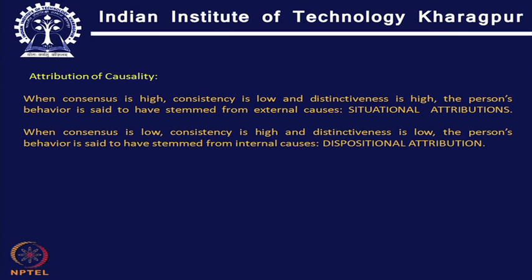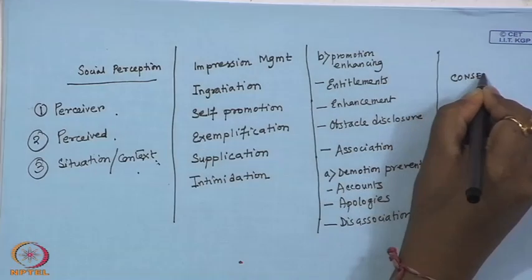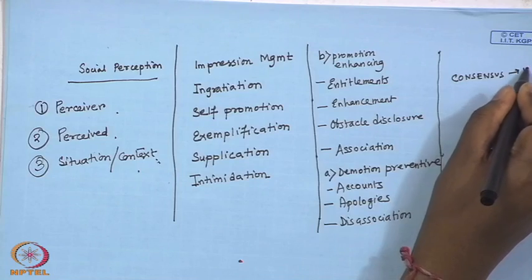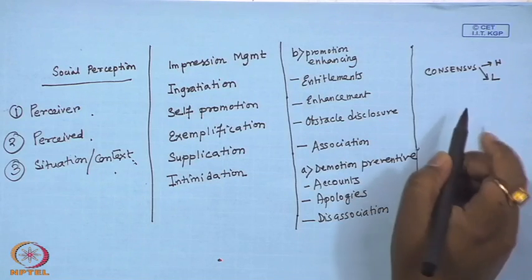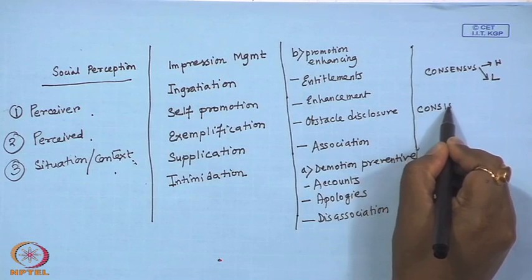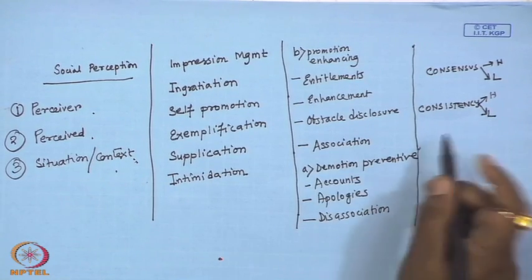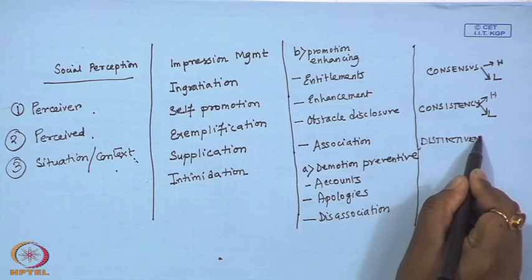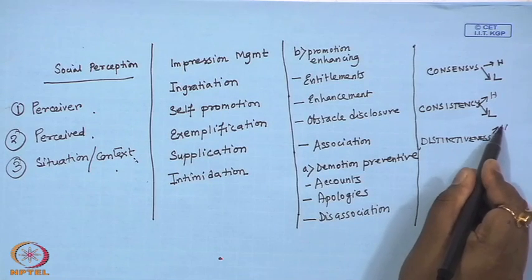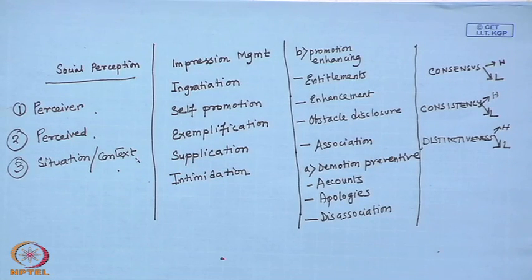If we go in this way, consensus high and low, then we have consistency high and low, and we have distinctiveness high and low.